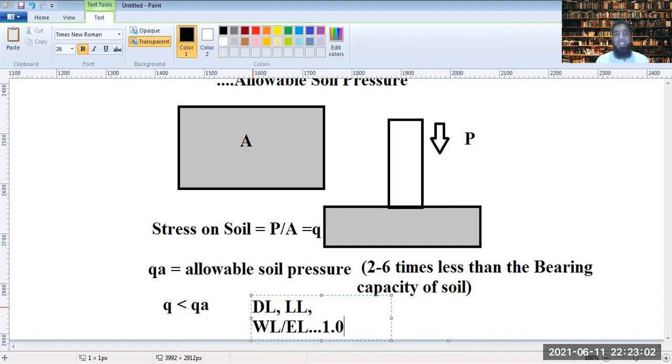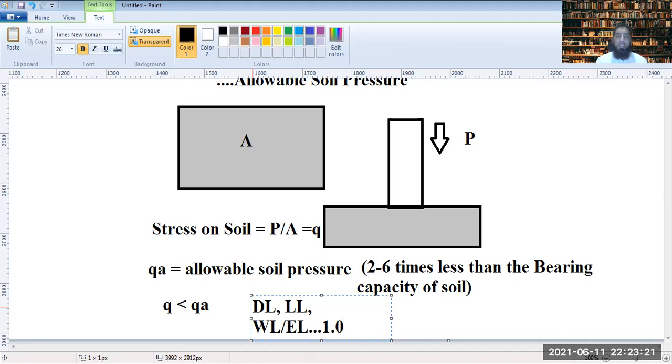So while designing the foundation, here the isolated footing, we do not multiply by 1.5 as in the case of the limit state of collapse, because we have already considered a higher factor of safety while determining QA.